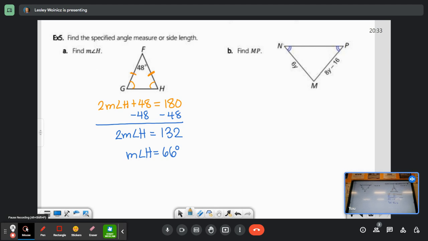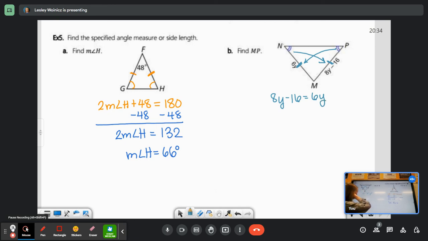So this time we're given that the angles are congruent. So we have to use the converse of the isosceles triangle theorem. If the base angles are congruent, then we know that their opposite sides are congruent. Okay, so that lets me set up my equation. So I have 8y minus 16 equals 6y.